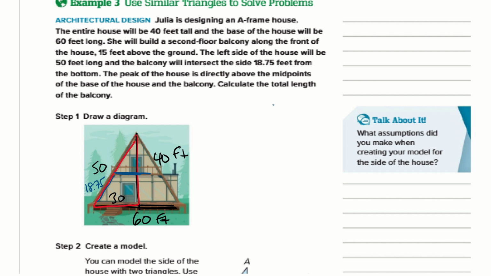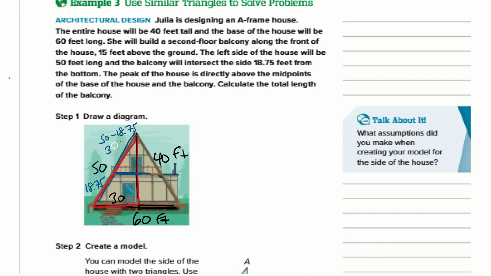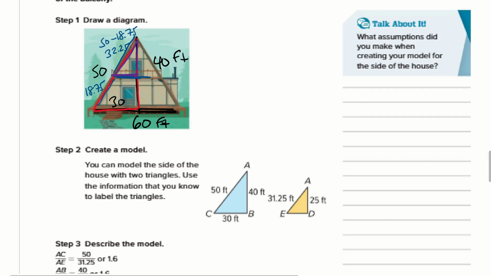Well, if that's 18.75 feet, then this here has to be 50 minus 18.75, which is 32.25. Okay, hopefully that made sense. So we got 32.25. And so we got ourselves another triangle like that. Okay, so this is how they got this, well, I said 32, I should say 31.25. So that's how they got the 31.25.